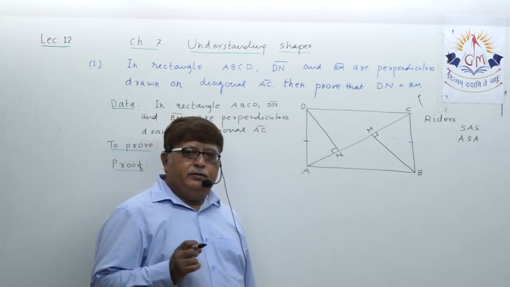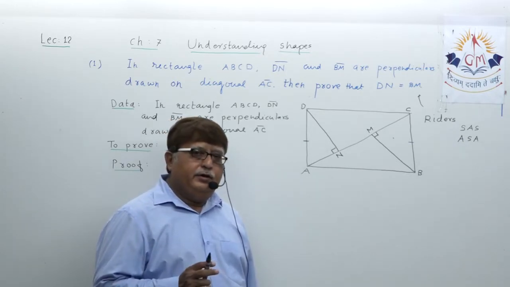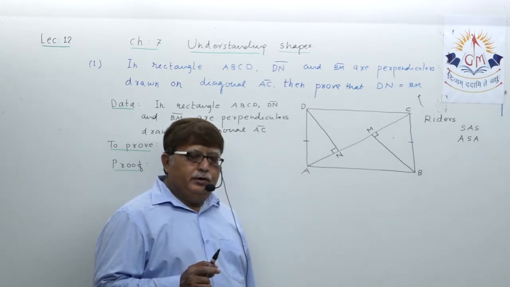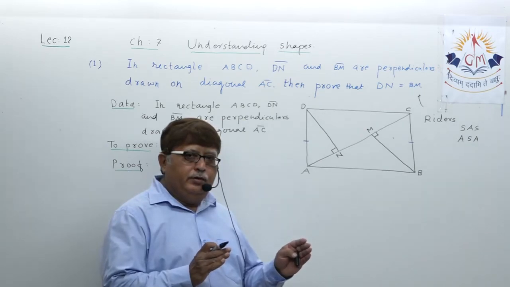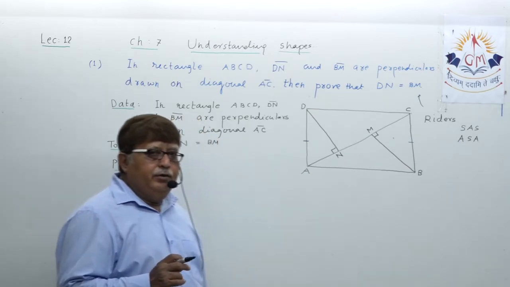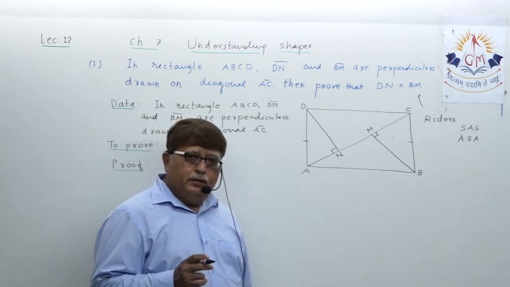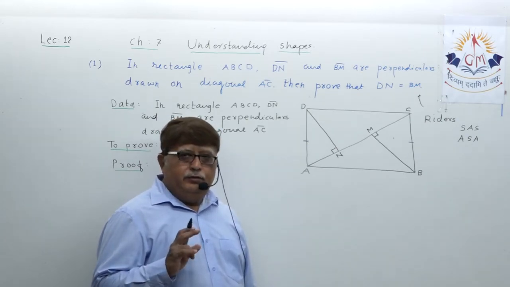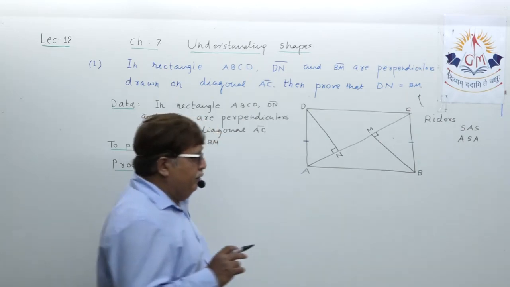two postulates which I explained to you in concept application were very important, at least in the concept of parallelogram and rectangle. But at that time I told you also that there are some other criteria which are also useful for proving two triangles congruent.